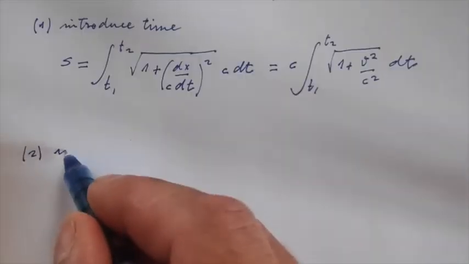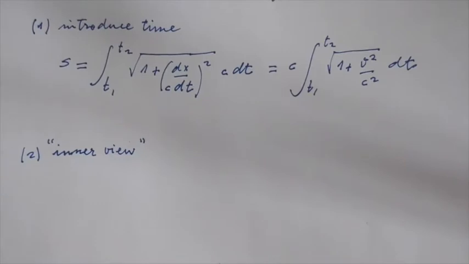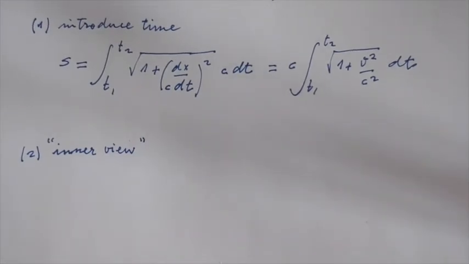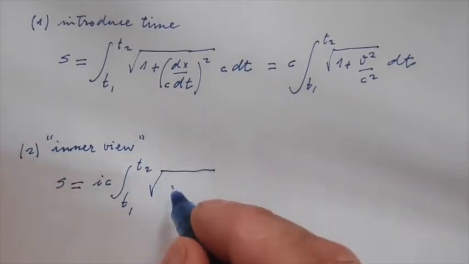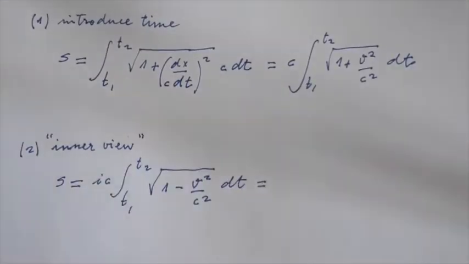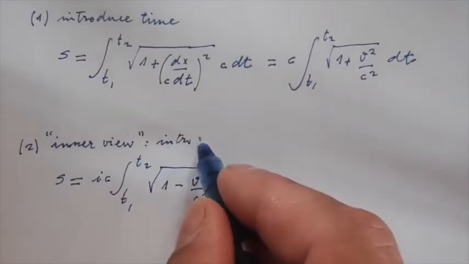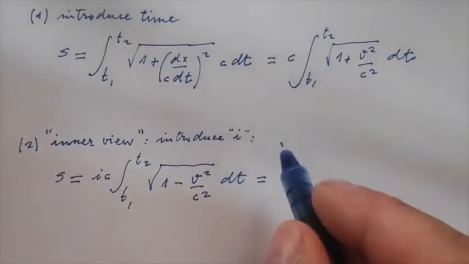Next, we move on to the inner vision itself by introducing the imaginary unit. Its main effect is to change the sign inside the square root to make it become the inverse of the Lorentz factor.